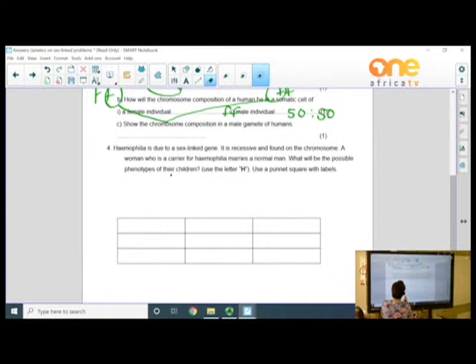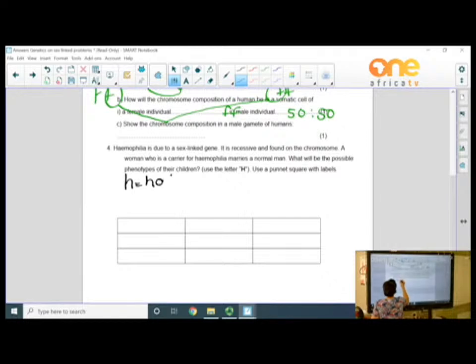The H is the gene for hemophilia, right? A normal man will have an X and a Y. Because it is only carried on the X, there will be a capital H. There will be nothing on the Y.